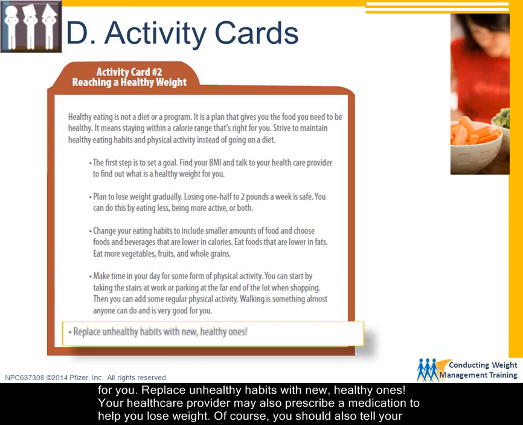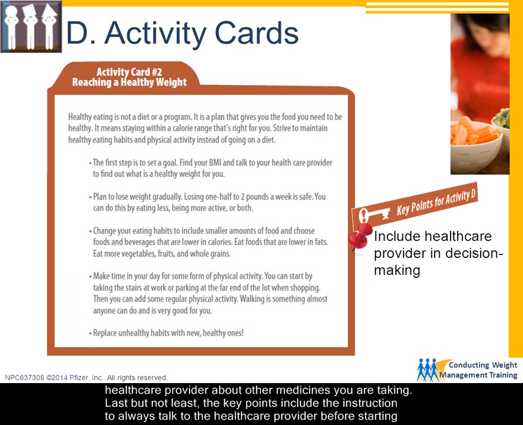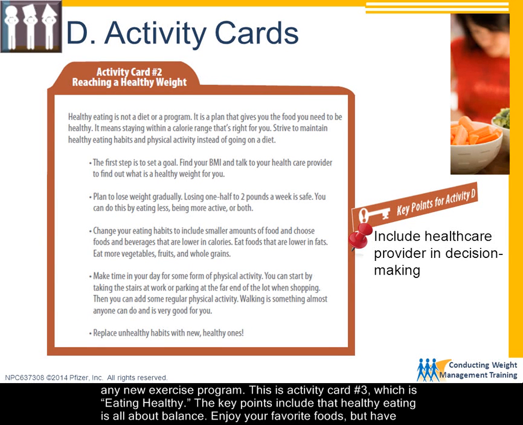Replace unhealthy habits with new healthy ones. Your healthcare provider may also prescribe a medication to help you lose weight. Of course, you should also tell your healthcare provider about other medicines you're taking. Last but not least, the key points include the instruction to always talk to the healthcare provider before starting any new exercise program.